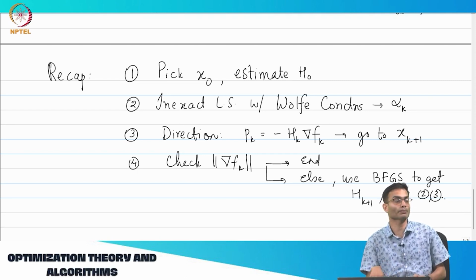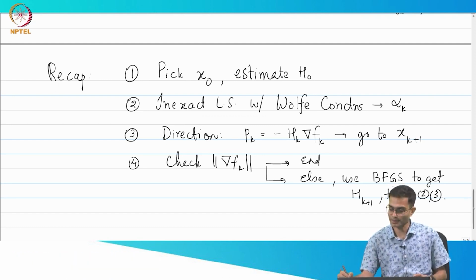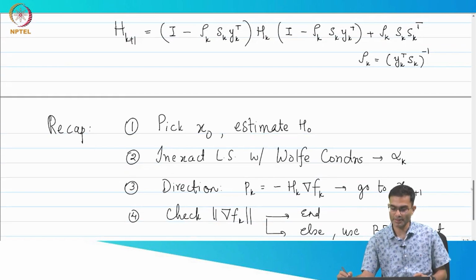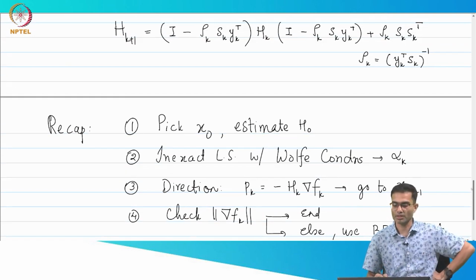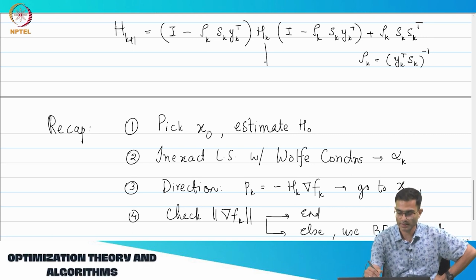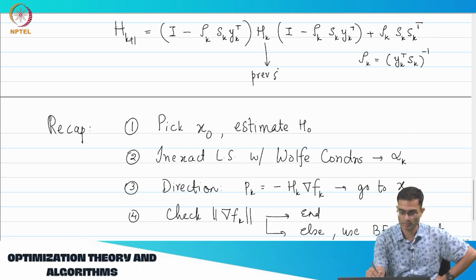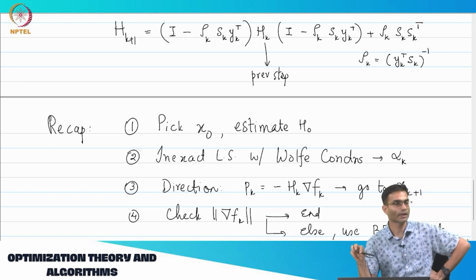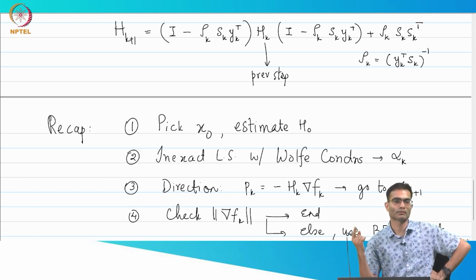Did I ever need to compute a Hessian? I never needed to compute a Hessian, right, because my BFGS relation, for example, what does it need? This guy is coming from the previous step, right. sk is coming from what?